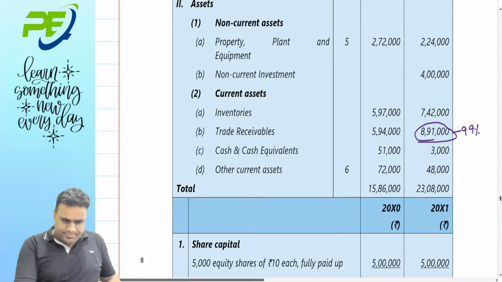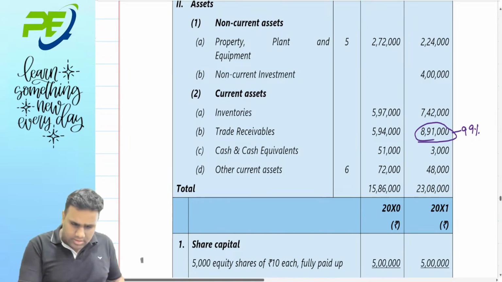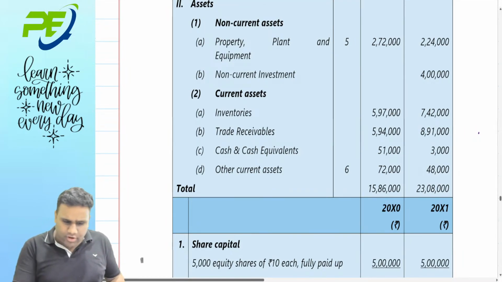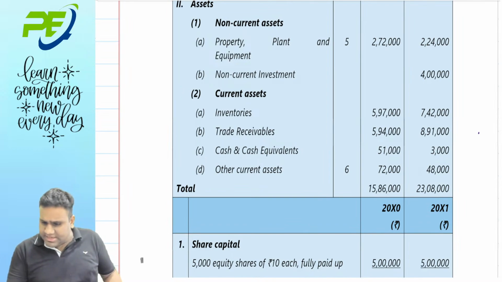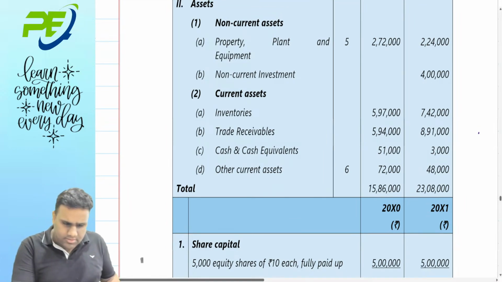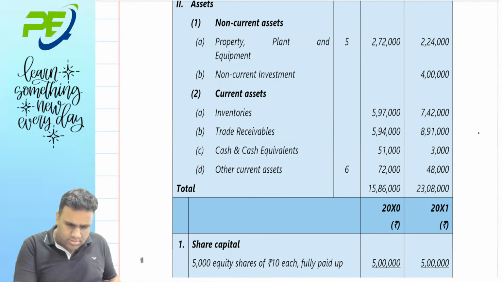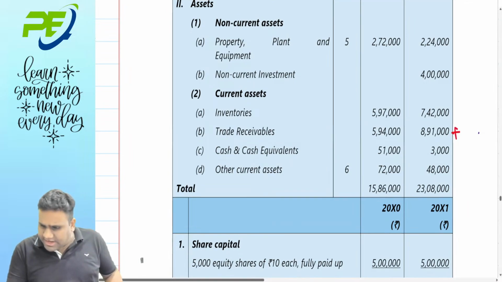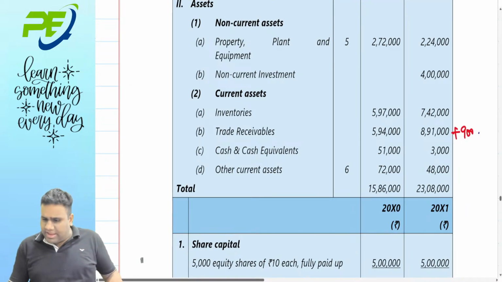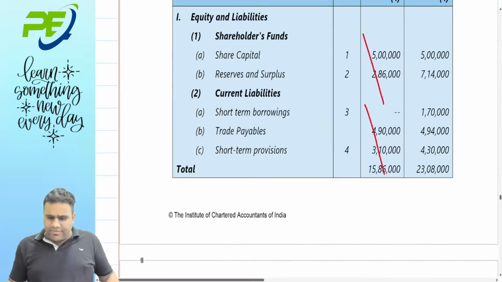See, while consolidation, what did we do? While consolidation, here we have added 9,000. Here we have added 9,000. And we have also added 9,000 in reserves and surplus.